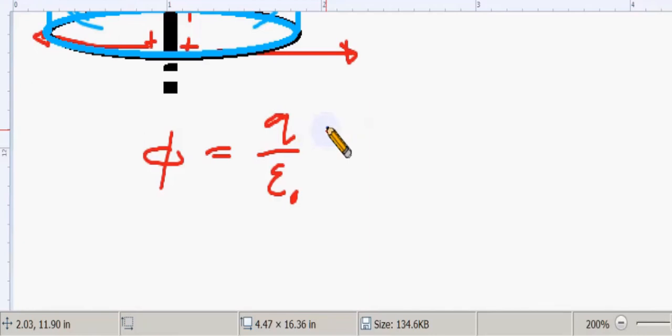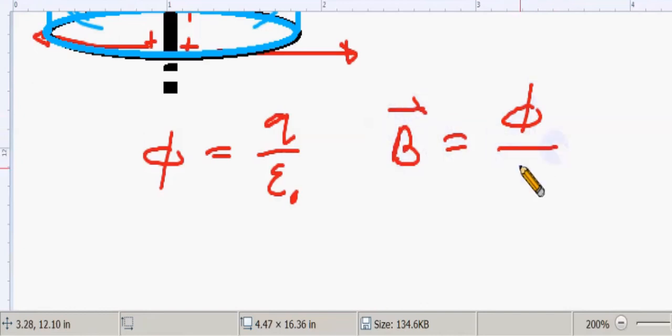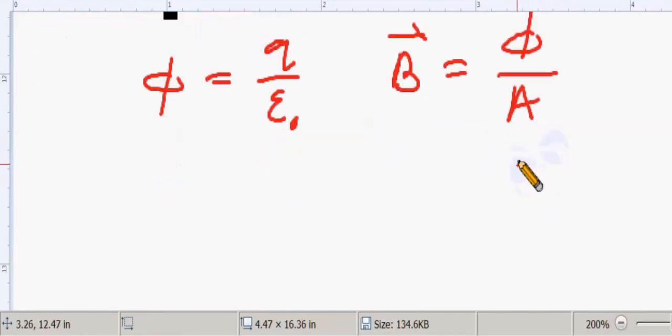So then there is another quantity called flux density. Flux density is flux divided by area. So to get flux density, we have to divide this equation by area. So there are three equations.